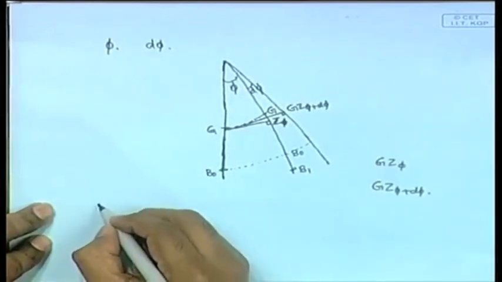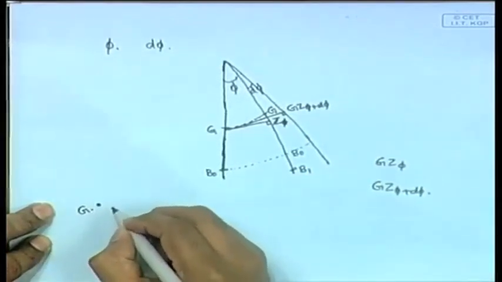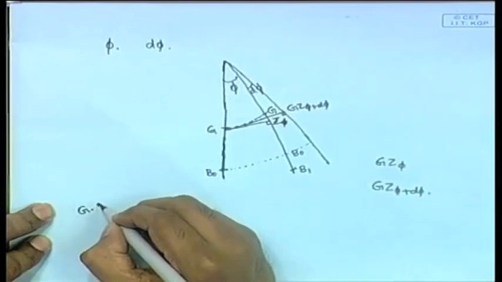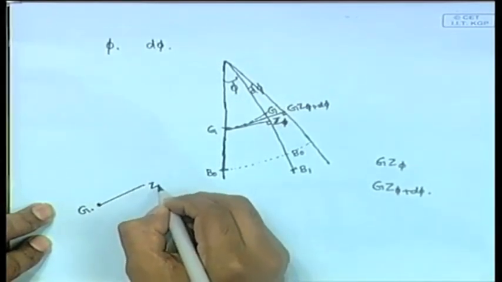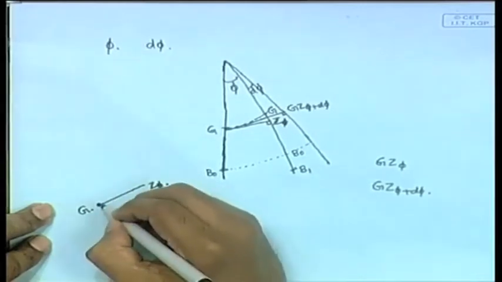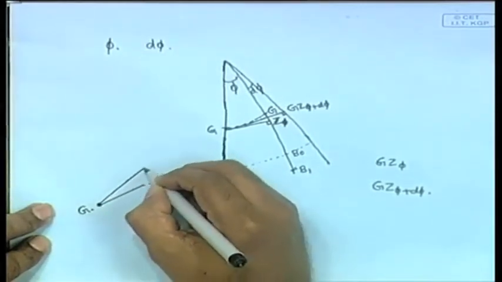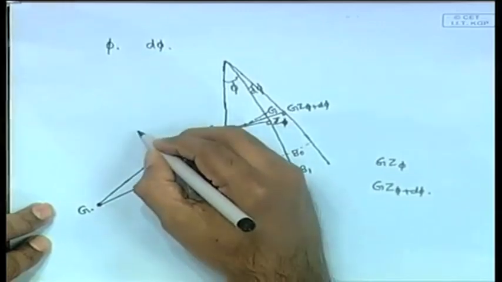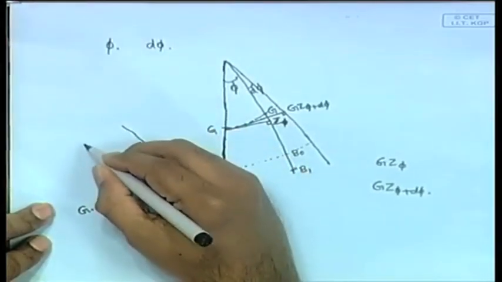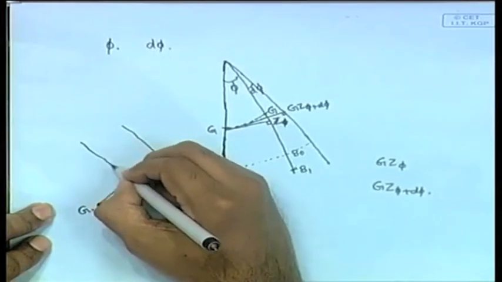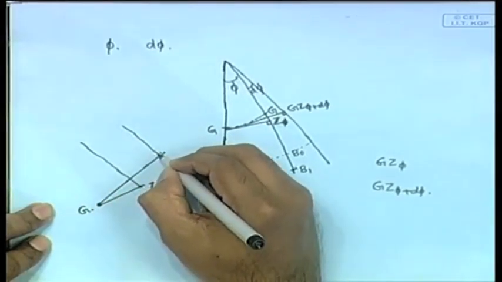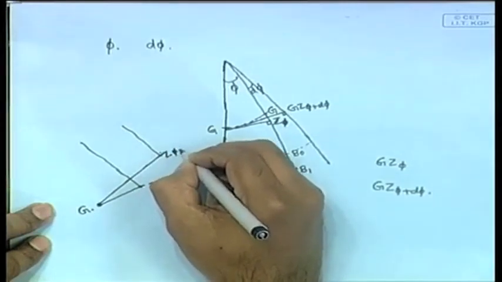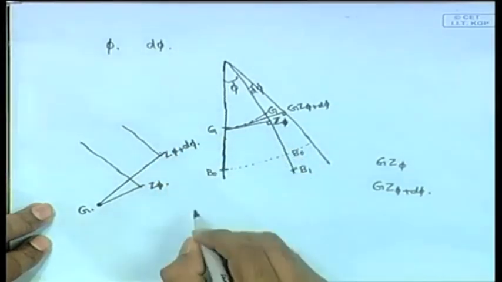Okay. Now, let me draw this part alone. So, you have G, and you will have Z theta, Z phi, and this will be Z. I will explain this again if it is confusing, phi plus d phi.